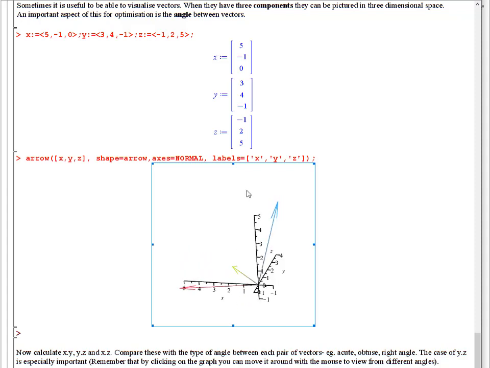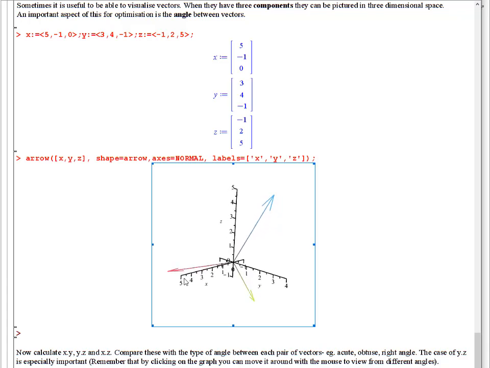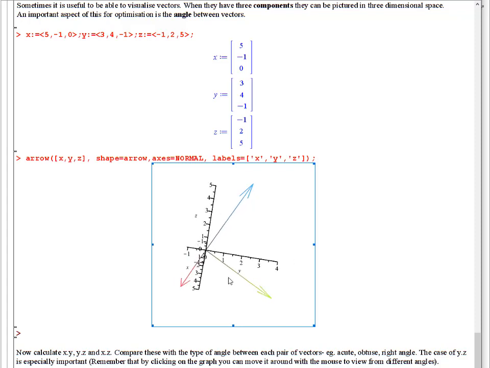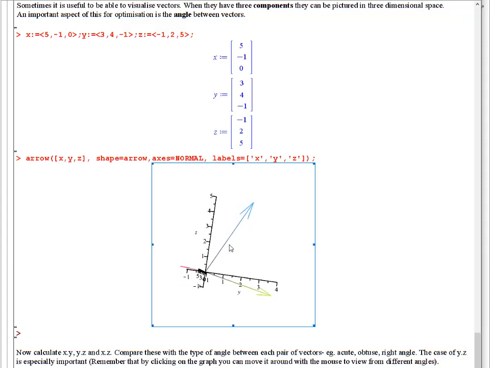Okay, so you should be able to see that this red one here seems to have an x value of about 5 and a y value of about 1, but the z value is 0 because it doesn't go up or down. So 5, oh, yes, and in fact it's not 1, the y value is -1. Let's go back to here, so that's this one. So x is the red one.